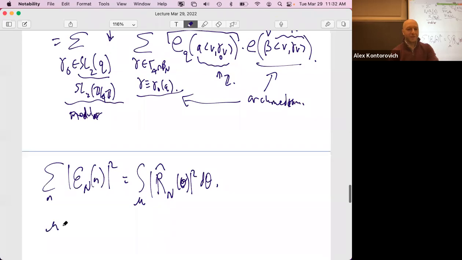The arcs are the set of all theta equal to A over Q plus beta. This makes sense, right? Because the minor arcs are almost everything. I want to break it into dyadic values of Q and dyadic values of beta.